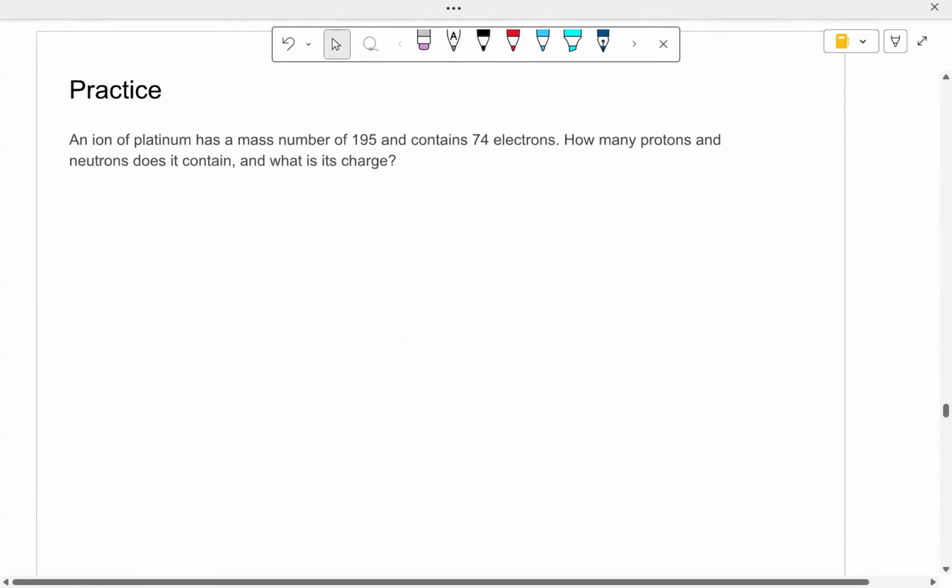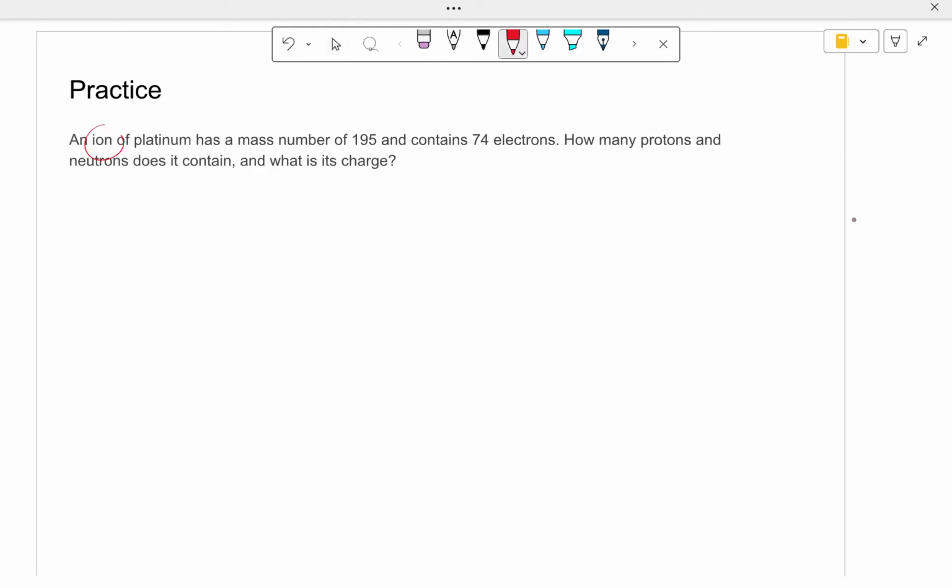Now let's look at another practice. An ion of platinum has a mass number of 195 and contains 74 electrons. How many protons and neutrons does it contain, and what is its charge? Let's write down what we're given. The mass number is 195, and the number of electrons is 74.